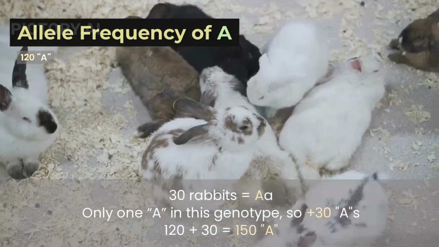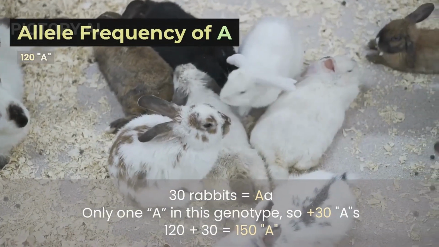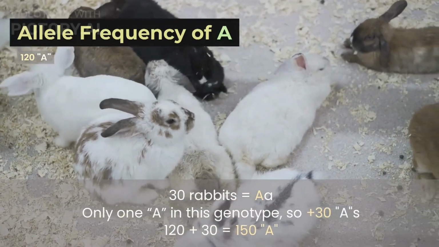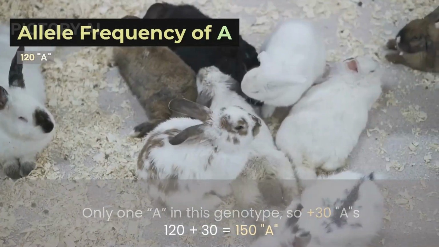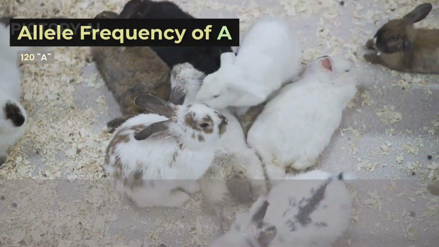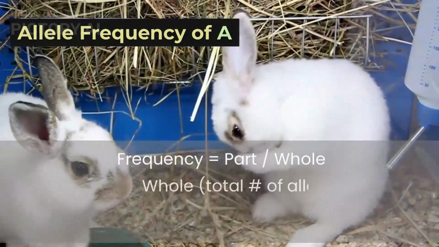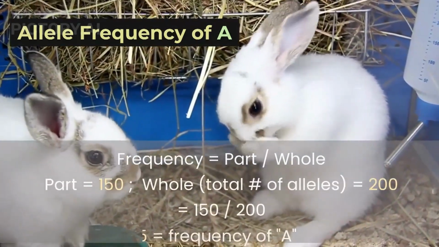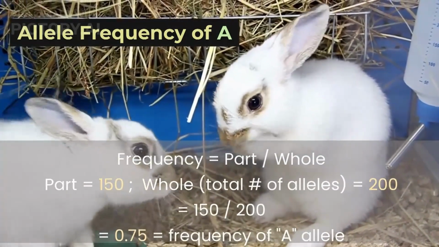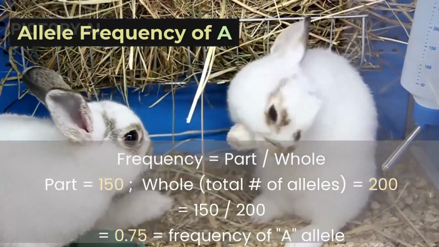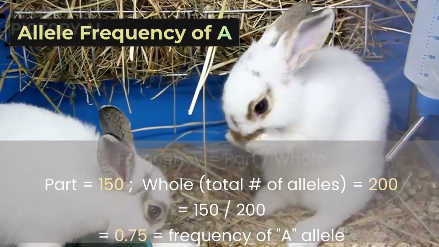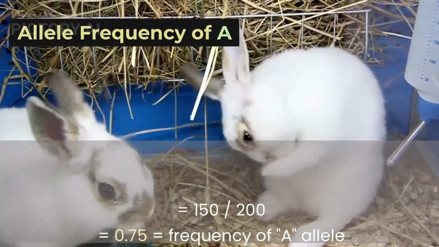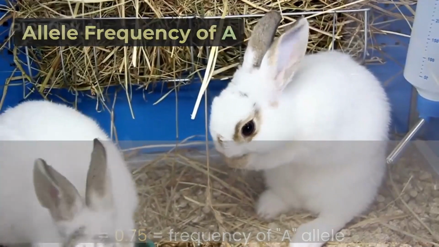Only one big A in this genotype, so we would add 30 to our previously calculated 120, which totals 150. So our allele frequency for big A would be 150 divided by 200, or 0.75, right? Yay! Okay, so that's the allele frequency for big A, 0.75.